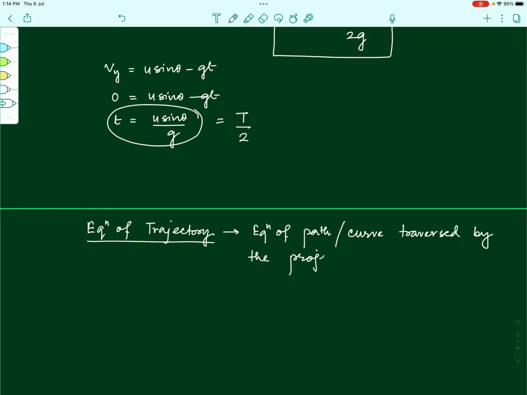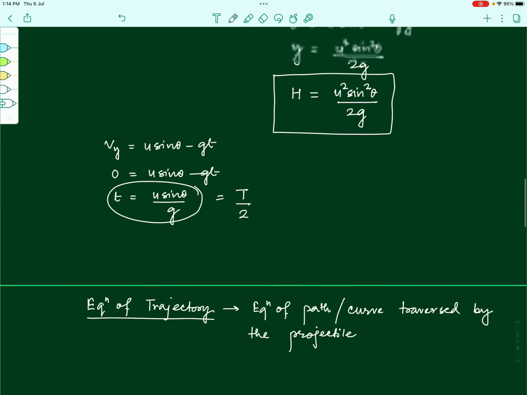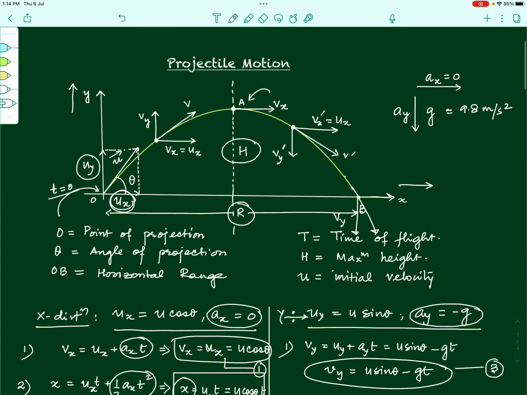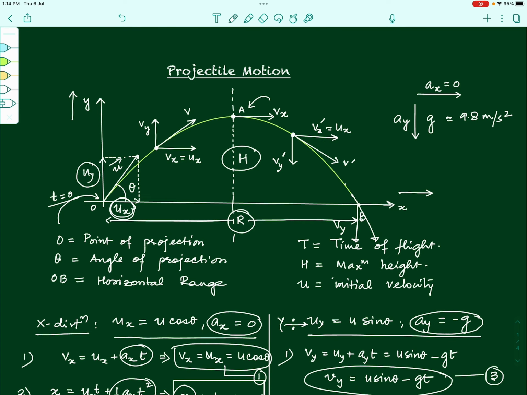So, if we go back to the figure that we have drawn here, the equation of trajectory is nothing but the equation of this particular curve that we have drawn for the projectile. The path that the projectile takes in the xy plane, the equation of that path is the equation of trajectory.